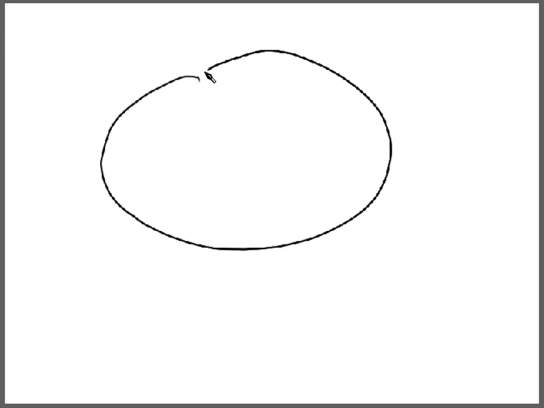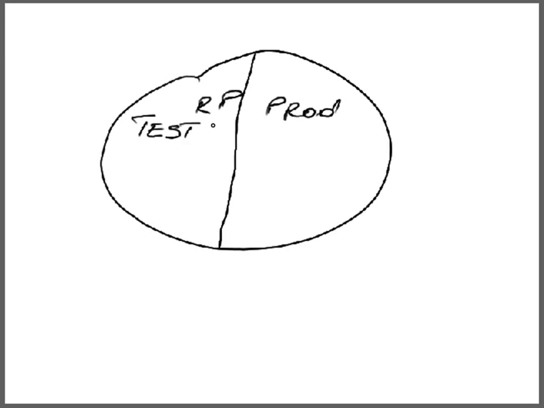Let's draw a circle here, and let's assume this is our resource pool. So I'm gonna say resource pool. So let's break this down into two here. Let's carve it up into two. Let's assume the right side is production and the left side is test and development, whatever you want to call it.